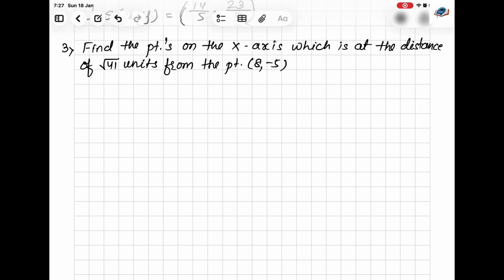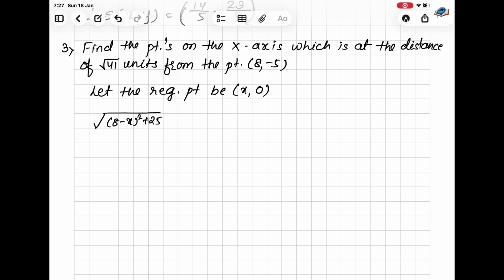So first let the required point be x comma 0 because it is on x-axis. So y point should be 0. So now using the distance formula again, square root of 8 minus x whole square plus 25 will be equal to root 41.